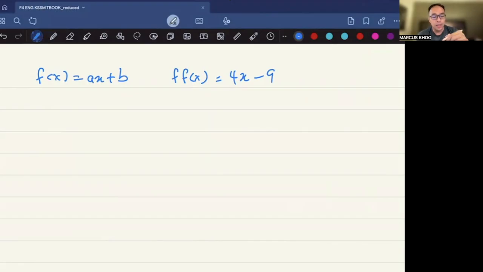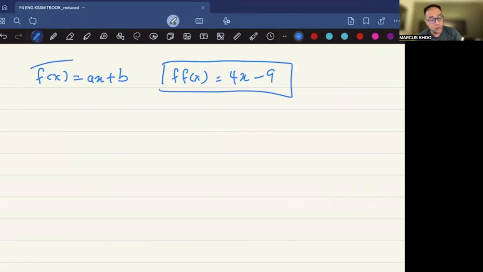Let's begin with this. Now we know ff(x). The first thing we do is put the function into the composite function.